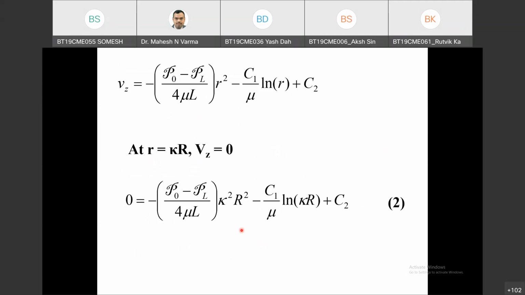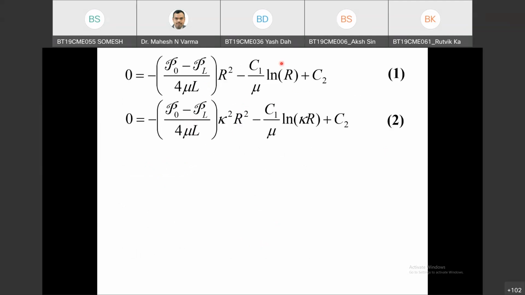Substituting this gives equation 2. Now this is equation 1 and equation 2. Using these, you get the values of C1 and C2. Substitute C1 and C2 in the velocity equation and get the velocity profile equation. Okay, everybody got this point?